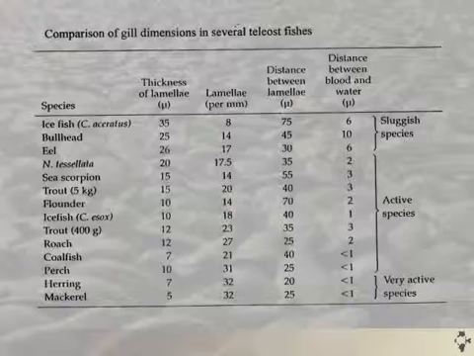Now, with respect to the distance between the blood and the water, the final column here, this is essentially a measure of the thickness of that single epithelial layer that represents the secondary lamellar membrane. So if we think back to those histological cross-sections of the gill, you saw that each of the secondary lamellae were essentially a flap held apart by the pillar cells, and the flap itself was comprised of that single layer of epithelial cells.